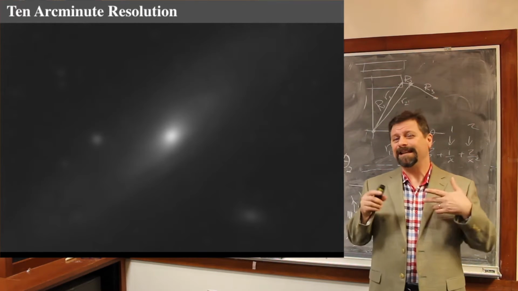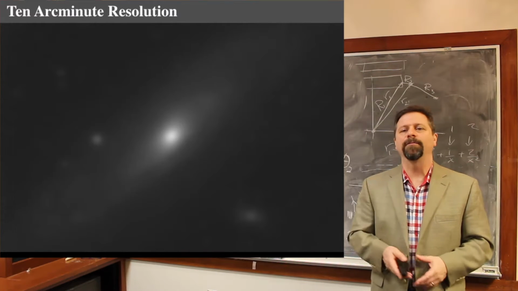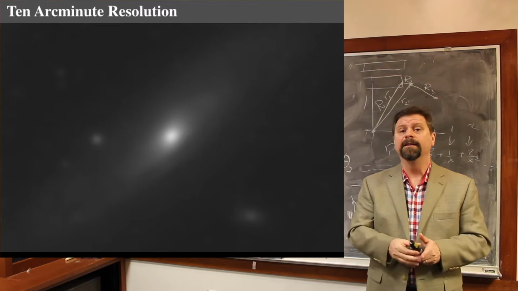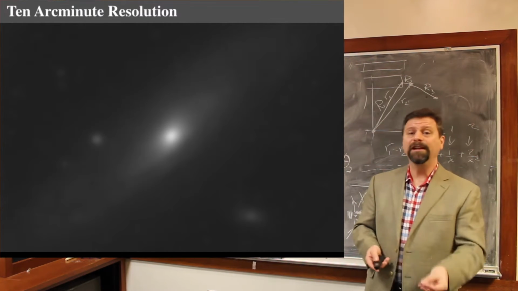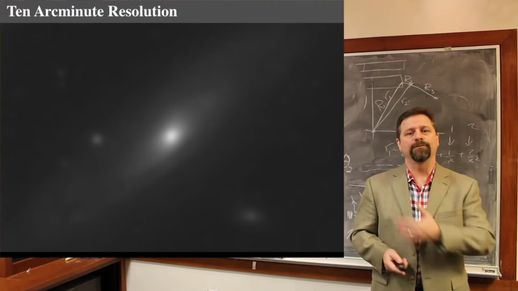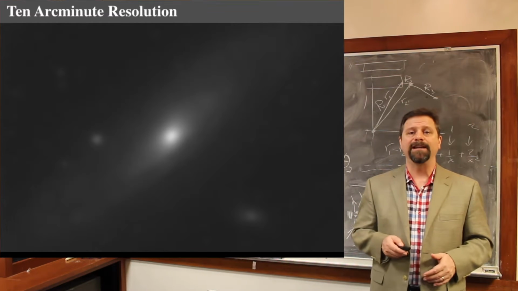And what I did is I pretended that the resolution was only 10 arc minutes. That's about what you see with your naked eye. If you were to look up at the Andromeda Galaxy on a really dark night, you'd see a fuzzy patch in the sky. What you're seeing on the screen here is that kind of resolution, as bad as your eye can be.